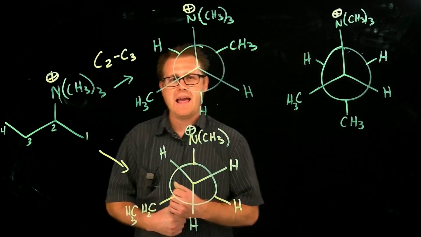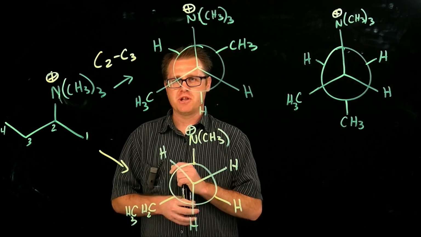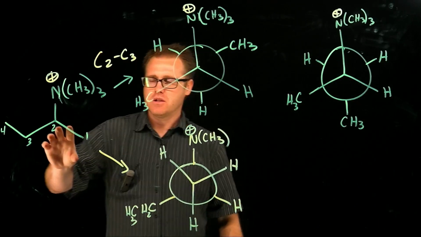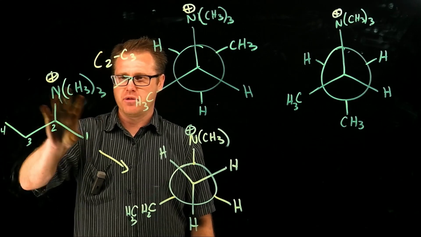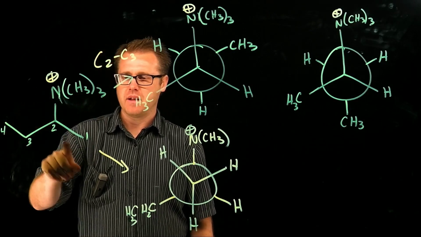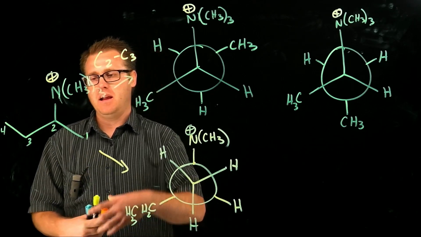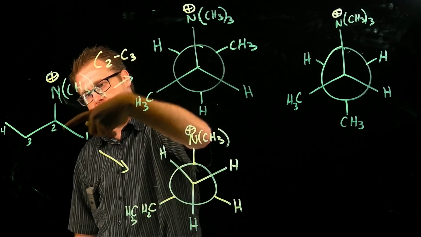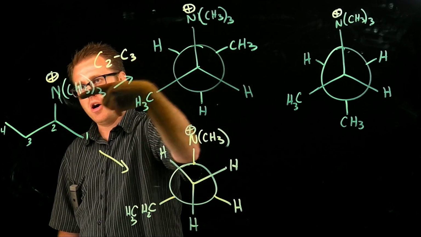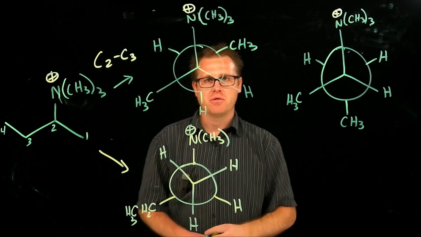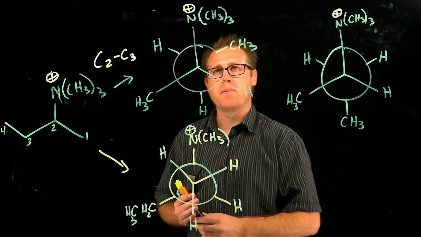Okay, I have my Newman projections here. So what I'm going to do is I drew the molecule like this, and I've numbered the carbons. And I'm going to look down from this direction, down the carbon 2 and carbon 3 bond, and I'm going to draw what I see.